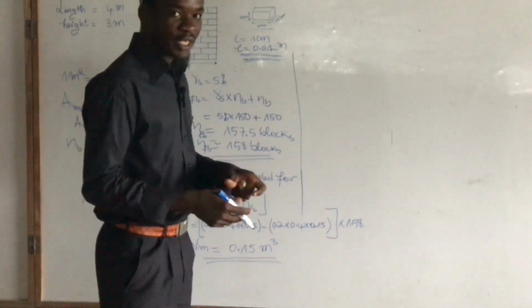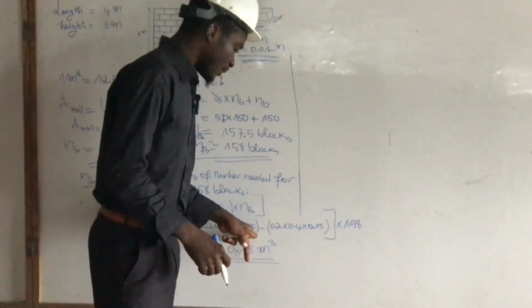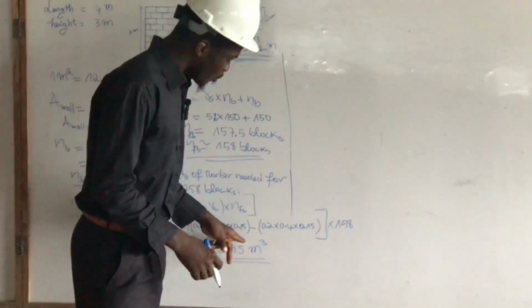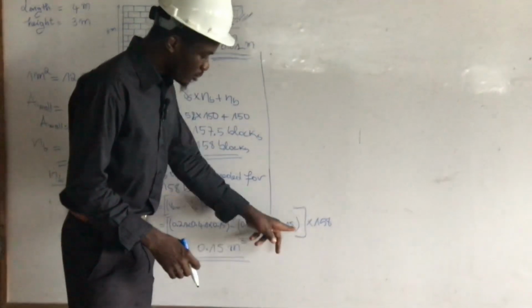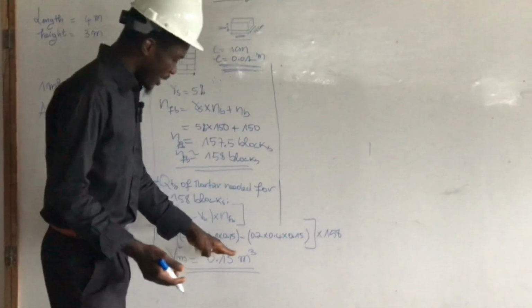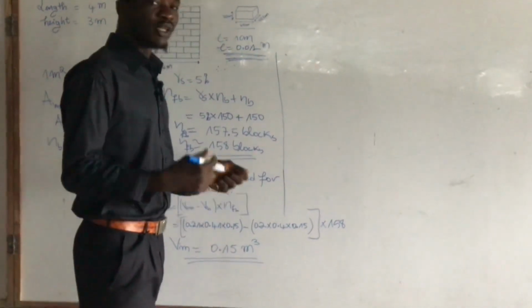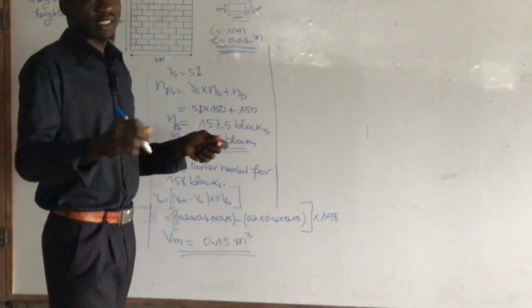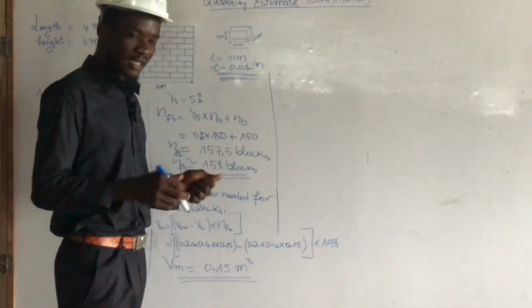The width of the block is not affected by the thickness of mortar, which is why it remains 0.15. Then you subtract the volume of the block without mortar. In other words, the volume of block with mortar is just the volume of the block when we consider the mortar thickness, in this case 1 centimeter.